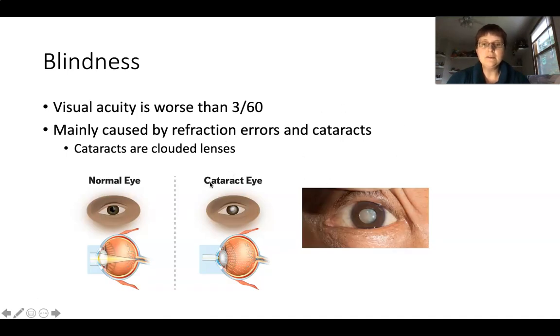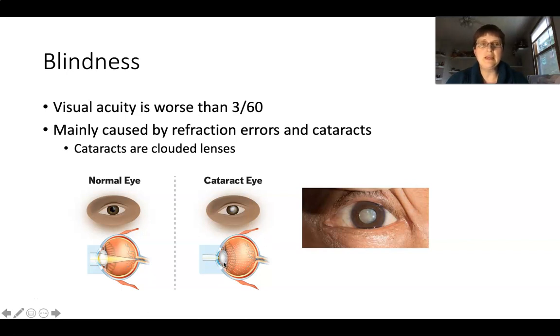So here's the difference between what happens with cataracts and what is normal. With a normal eye, the light would come in and get focused on the retina like we would expect, giving normal vision. With someone who has cataracts, because that lens is cloudy, the light gets scattered, just like when we were talking about the light chapter, when light comes into our atmosphere and those light beams start to spread out and scatter.